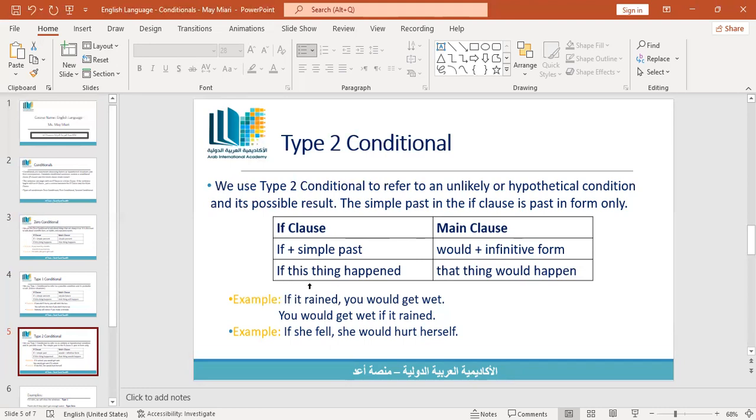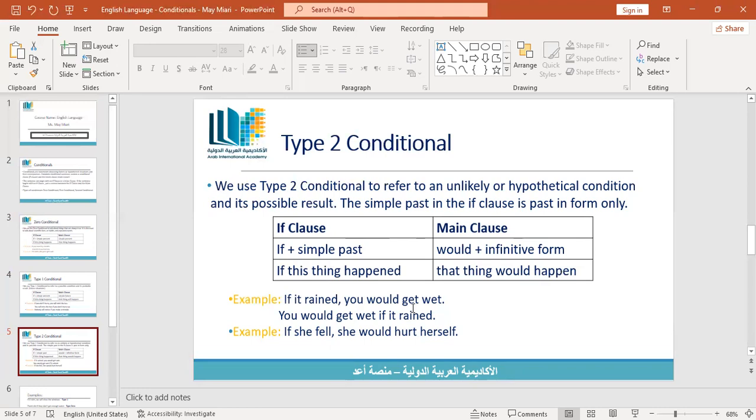So if this thing happened, that thing would happen. So we are using a hypothetical condition here in the if clause and a possible result. For example, if it rained, you would get wet. If it rained, this is the if clause.